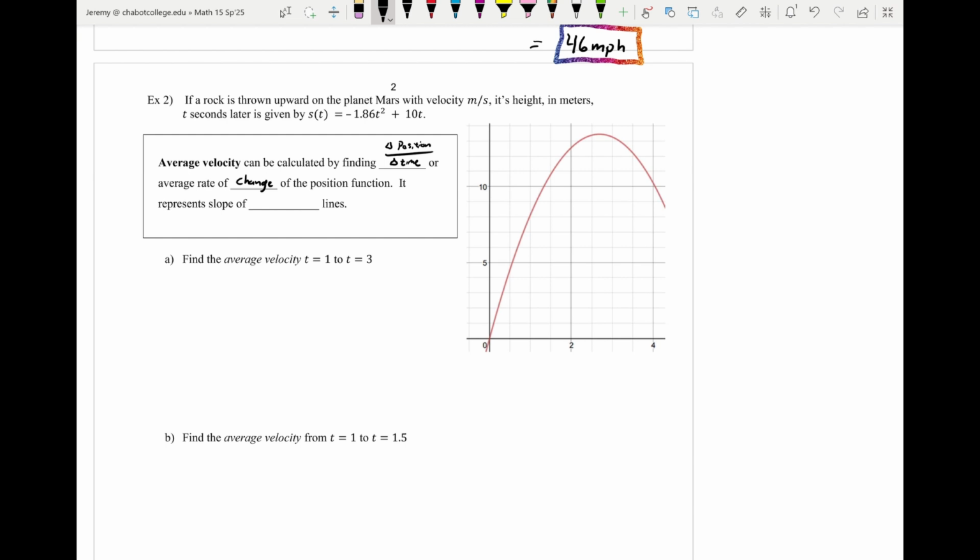A position function is just where the horizontal axis is time and the vertical axis is some measurement of distance, like miles, or in this example meters. It represents the slope of what we call secant lines.